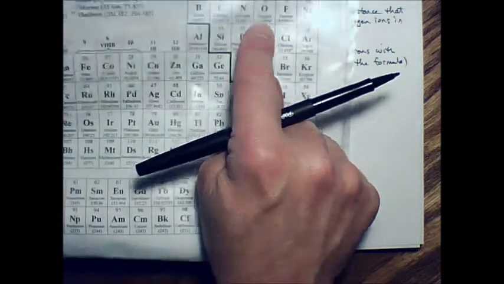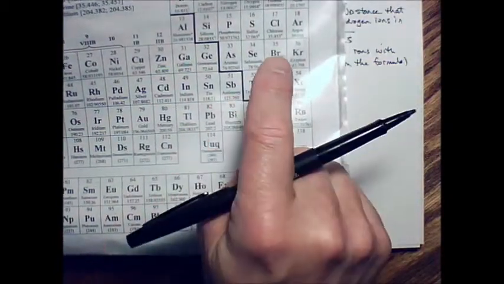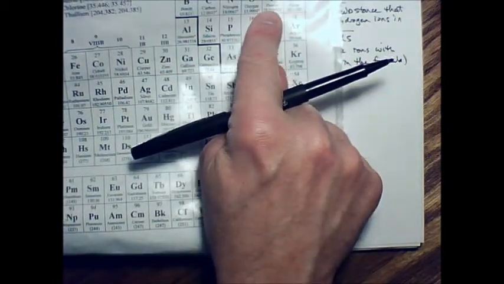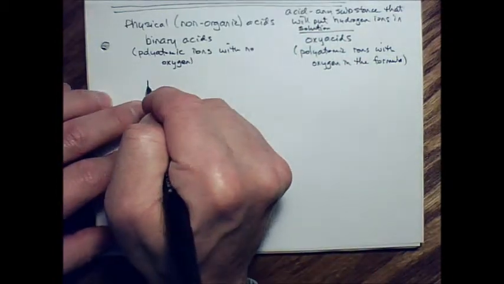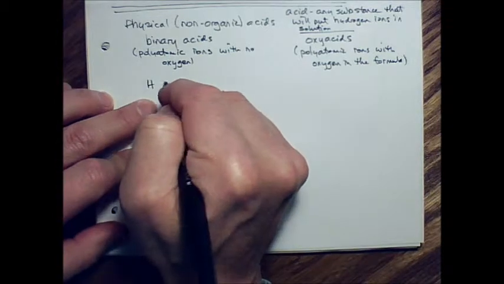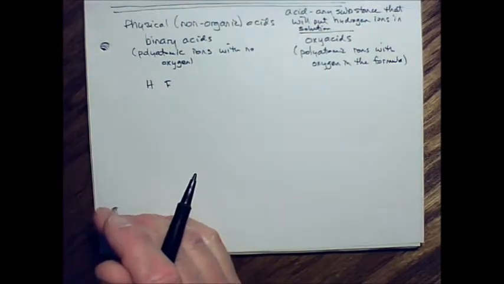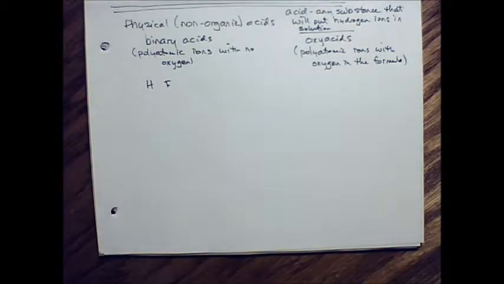All right, so let's put hydrogen in front of F. Here's the hydrogen, and here's the fluorine. Let's find your periodic table with oxidation numbers and tell me what charges to put on those.